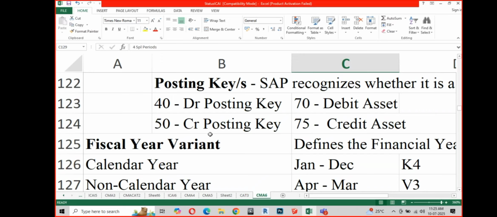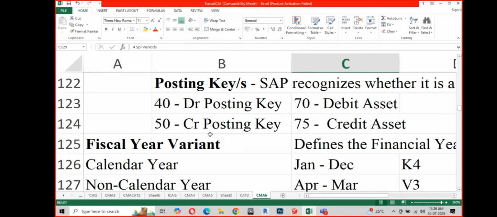SAP is automatically picking up the document types on its own. And as far as the posting keys are concerned, you may have to remember just one or two, or maximum say 4 or 5 of the posting keys out of the n number of posting keys SAP has delivered as a standard.